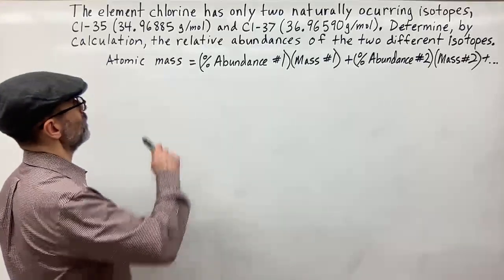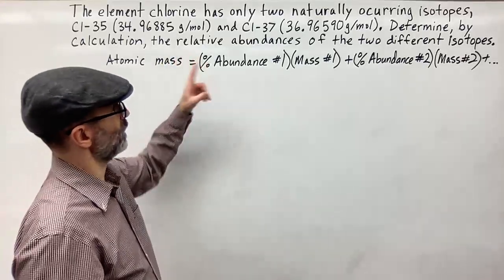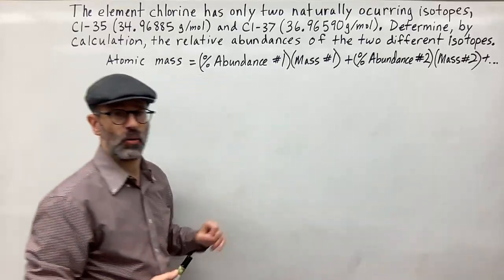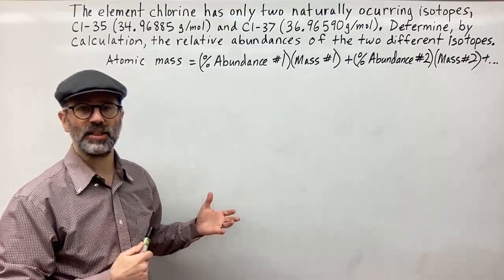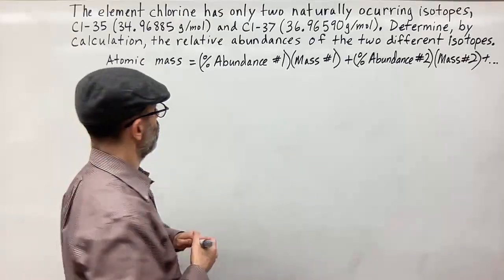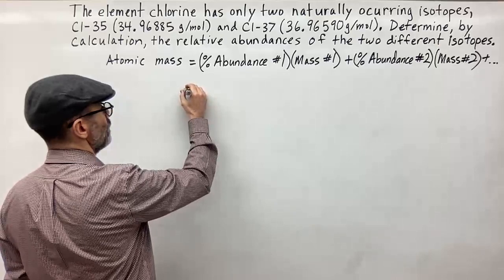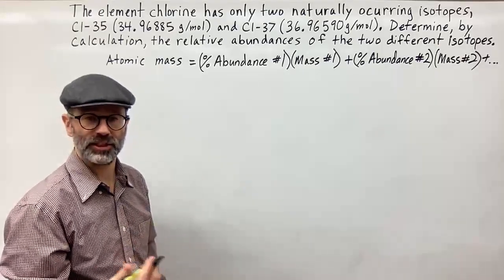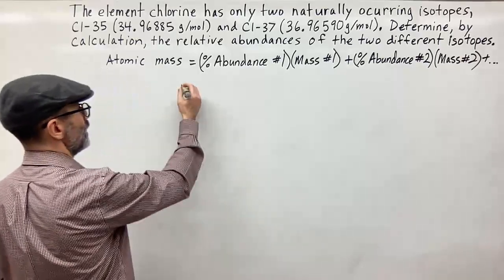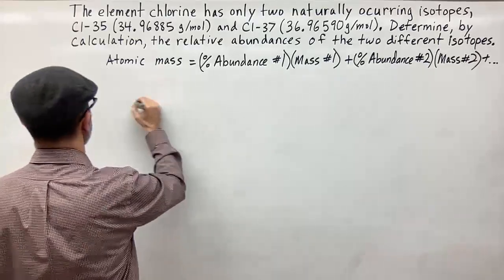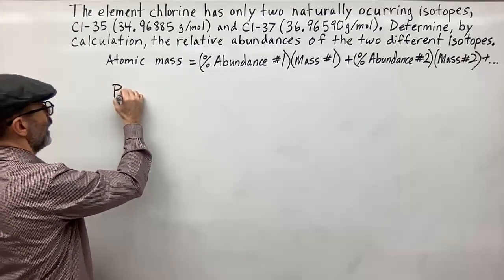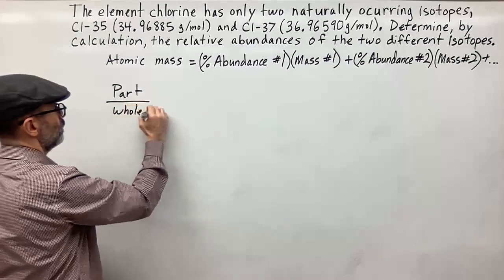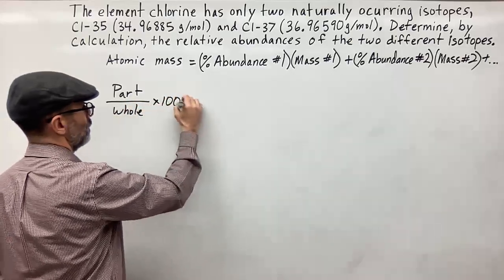So a lot of times they'll give you that mass. And here, they want relative abundances of the two isotopes, but here we have percent abundances. Well, how are percent abundance and relative abundance related to each other? This is how. You have to understand how to get a percentage, right? A percentage is, generally speaking, a part divided by a whole, multiplied by 100.